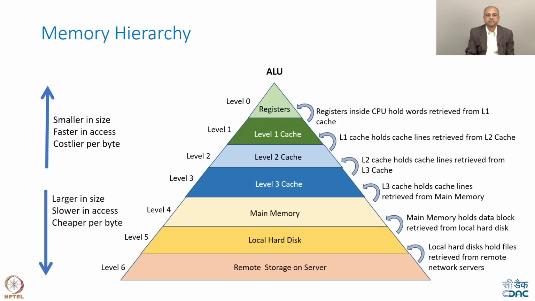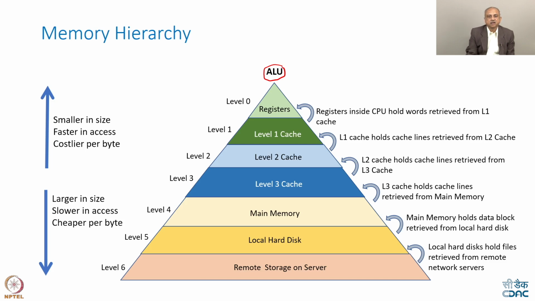Pictorially it can be shown like this, that this is the ALU where the data is finally going to go. Typically it comes from level 0 cache, which is the registers. You would be aware that every CPU has a certain number of registers. That is where the data will be served fastest, but they are very limited in number, like 8, 16 or 32.